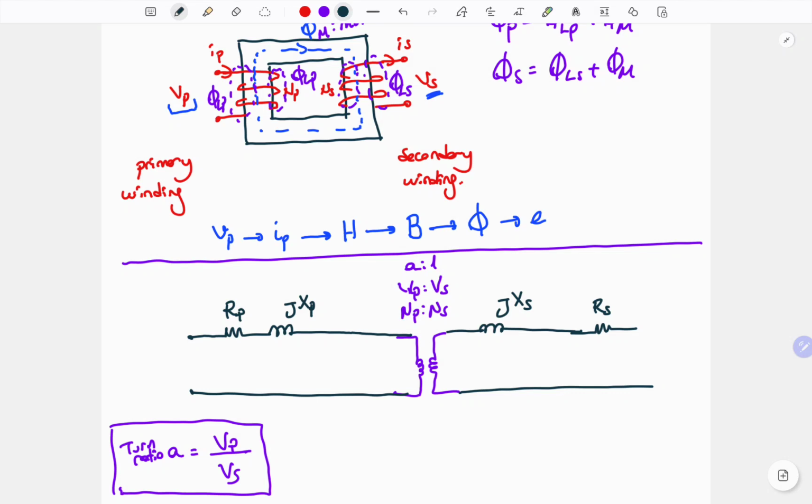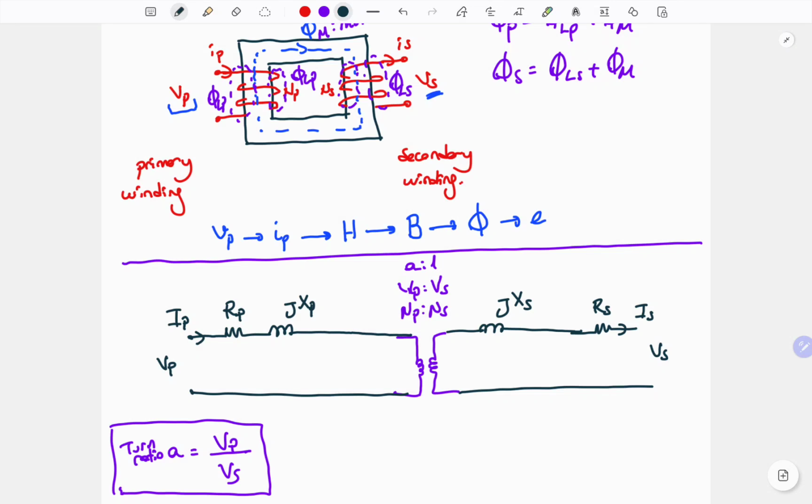Okay, so we can add some details. For example, VP, which is the primary side voltage, IP, primary side current, and similarly IS, which represents the secondary side current, and VS, which is the secondary side voltage.